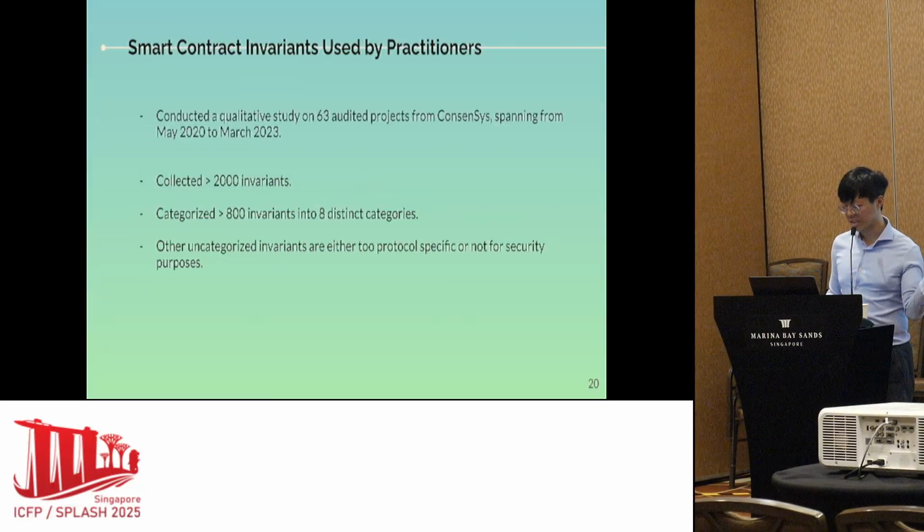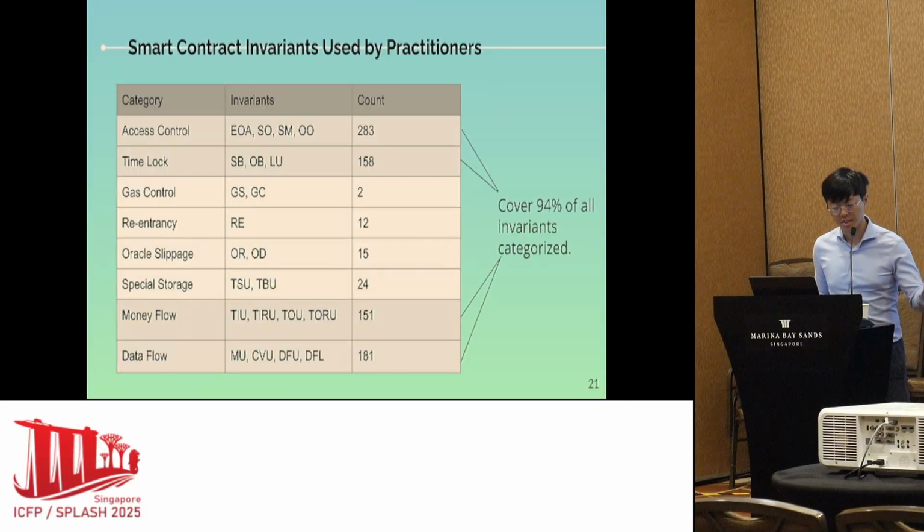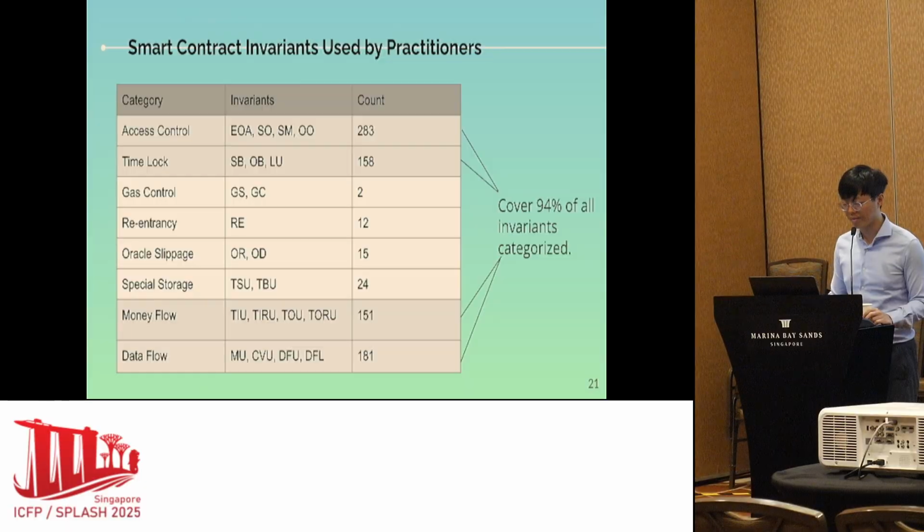So we conducted a qualitative study on the audit reports and source code of 63 audited projects from Consensys from 2020 to 2023, and we collected over 2,000 invariants and categorized over 800 invariants into 8 categories. We find the 4 categories: access control, time lock, money flow, and data flow actually cover 94% of all invariants categorized.